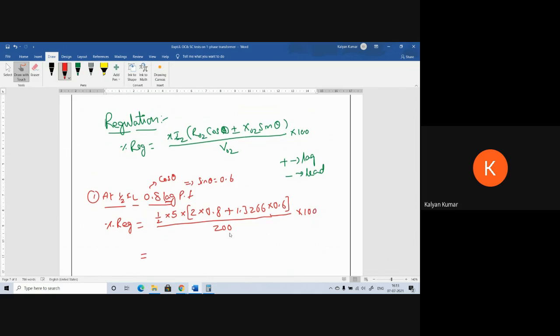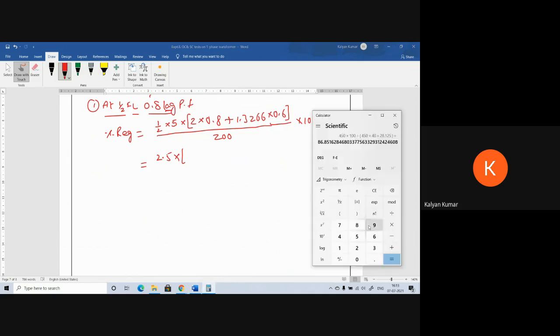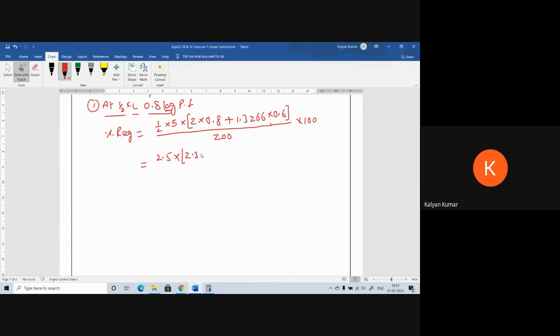To calculate, we are going to get 2.5 into 2 into 0.8 plus 1.3266 into 0.6, which is 2.39, divided by 200 into 100.